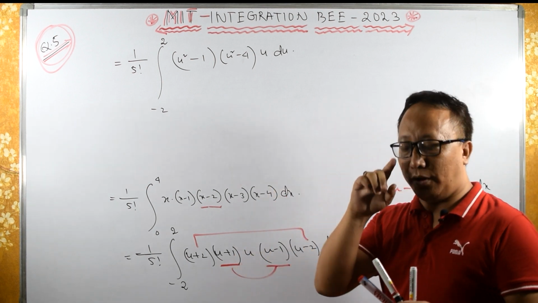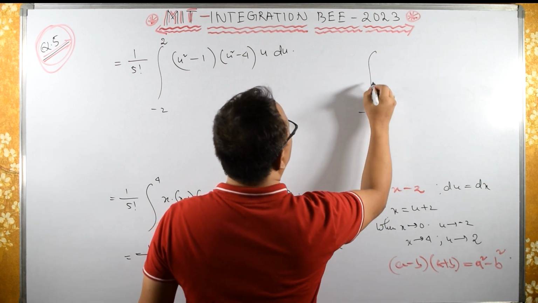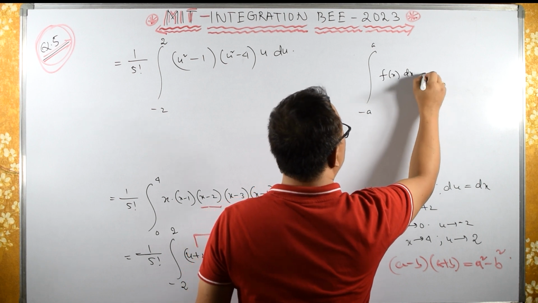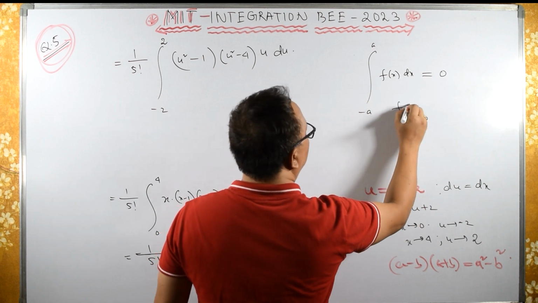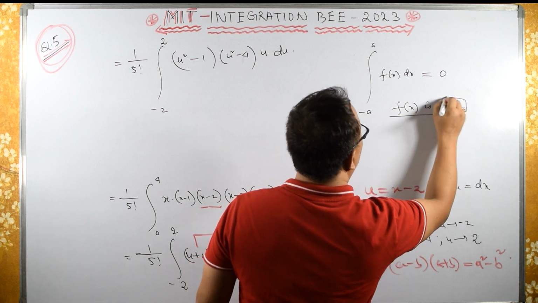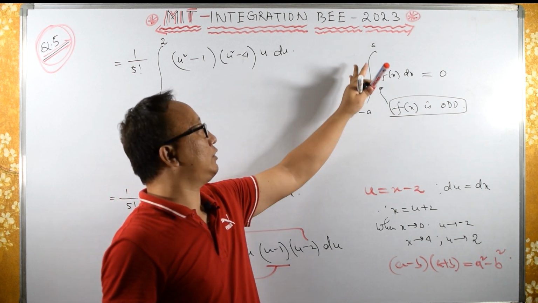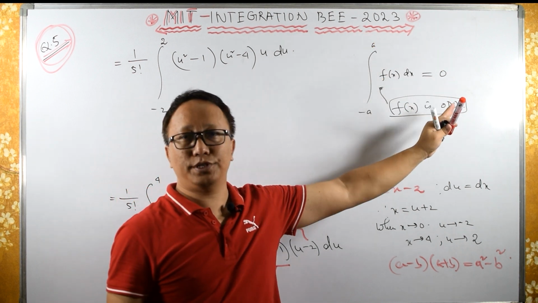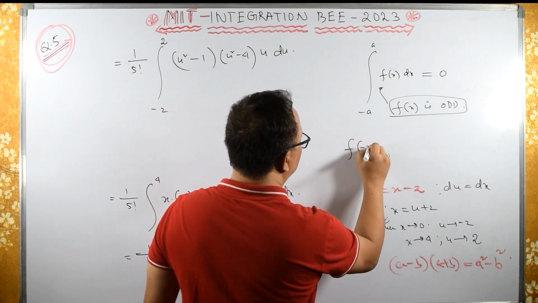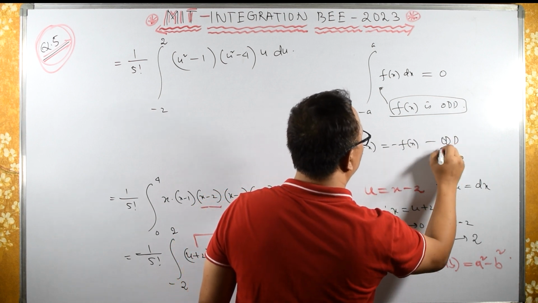Now remember one formula here. The integral from minus a to a of f of x dx is equal to 0 if f of x is an odd function. What is an odd function? If f of minus x equals minus f of x, then it is called an odd function.